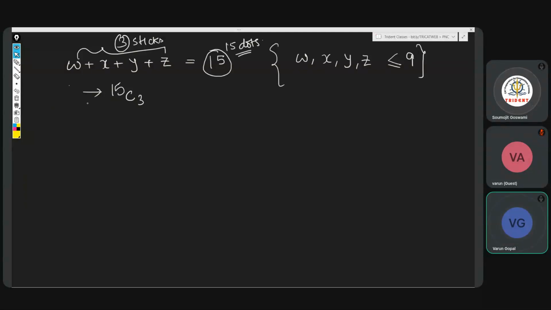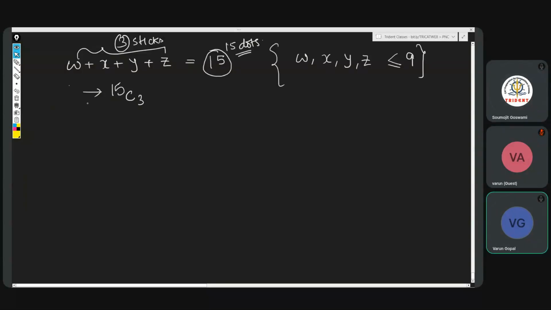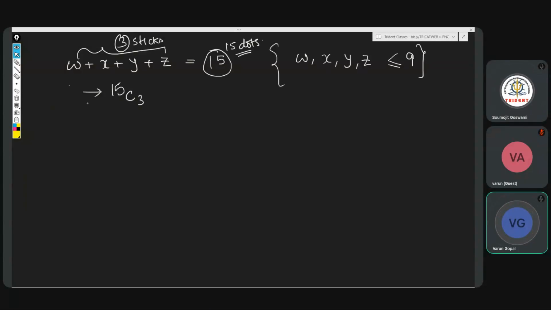W plus X plus Y plus Z is 15: 15 dots are like 15 students. W can be 15 also, and the others could be 0. But W cannot be 15 because it's a digit. It could be 0, but up to 9.